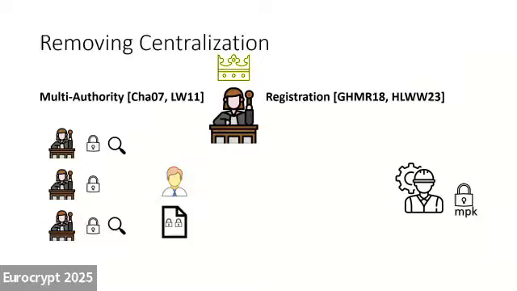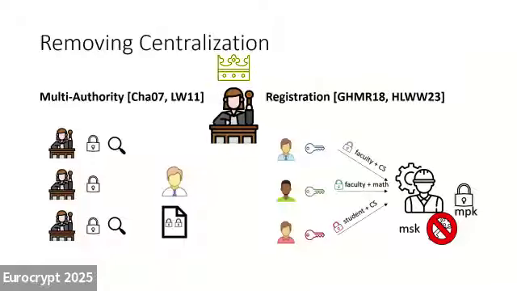The goal is to have a central authority that does not have a master secret. How this is accomplished is that users themselves generate their own individual public keys and secret keys, and send their public keys along with their attribute set to be registered to this key curator.